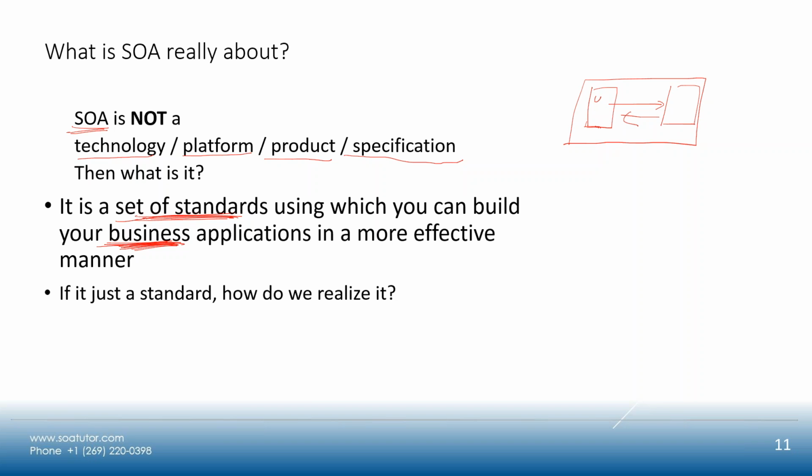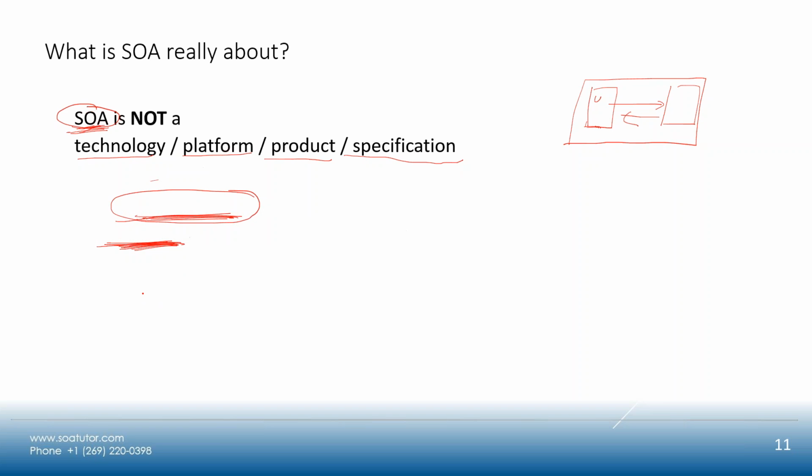So even here, SOA doesn't ask you to use any specific technology. You can write your own stuff, or you can use some tool which is available in the market, or you can use an open source platform. Anything you do, but you basically follow those standards. That is what SOA tells you. But just to follow the standard, what are the standards?